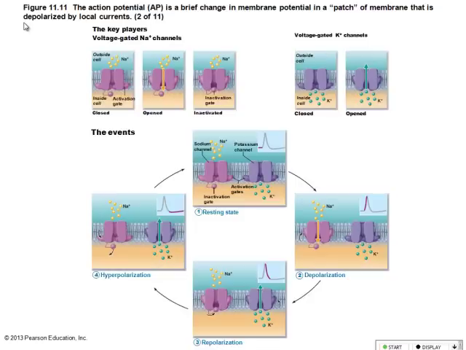Something causes a change on this end, causing what to rush in? Sodium. And guess who's going to cause that change to occur? Guess who's going to come in contact with the receptor and paralyze it? Neurotransmitter. Or some other chemical or some other stimulus.